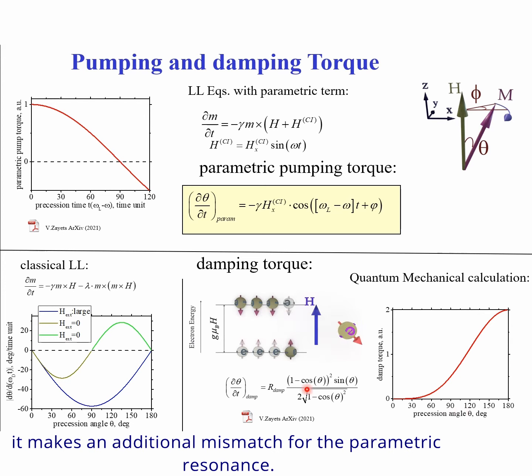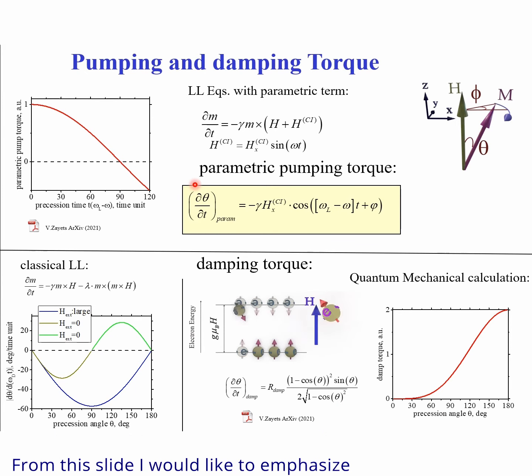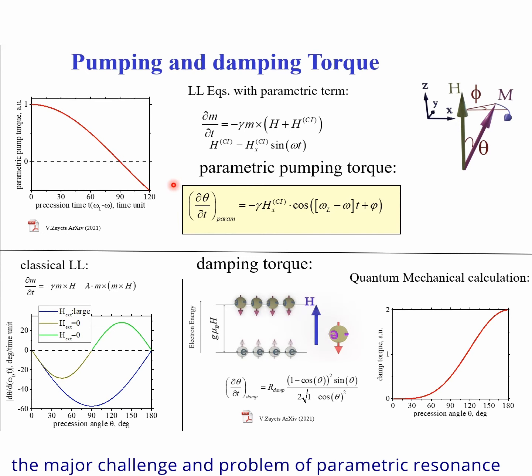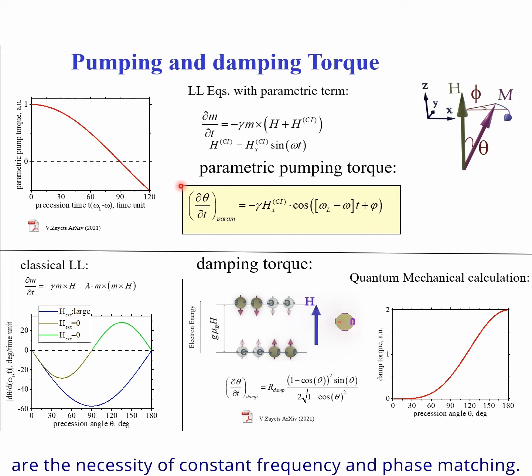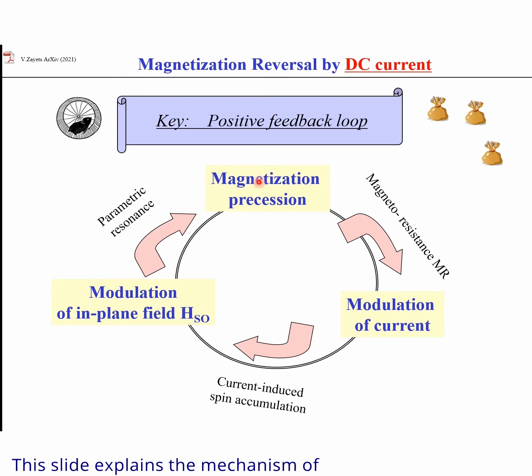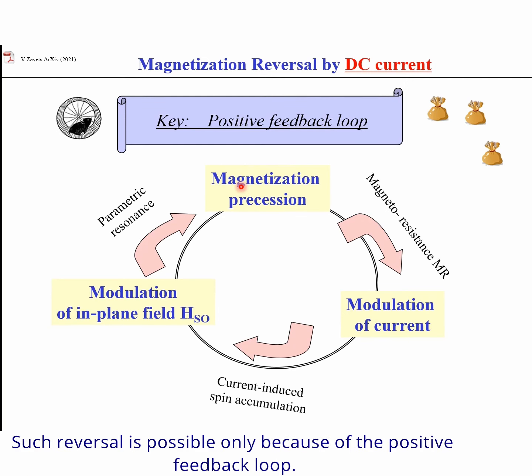It makes an additional mismatch for parametric resonance. From this slide, I would like to emphasize a major challenge and problem of parametric resonance, a necessity of constant frequency and phase matching.